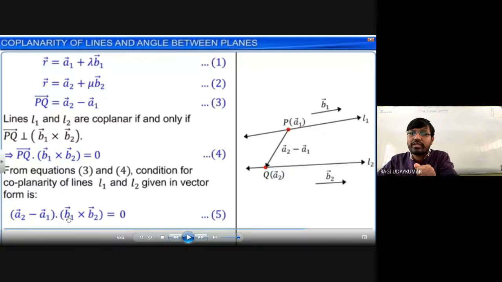Do you remember the shortest distance between the two lines? Modulus of this one divided by modulus of B1 cross B2 will be taken. Now here, if the upper part, the numerator, is 0, then the shortest distance becomes 0.